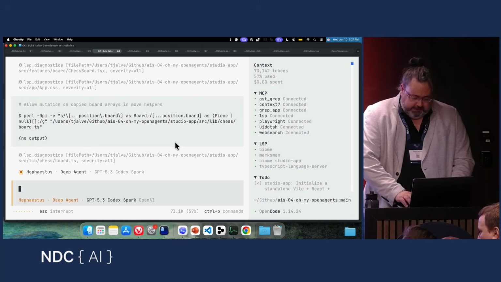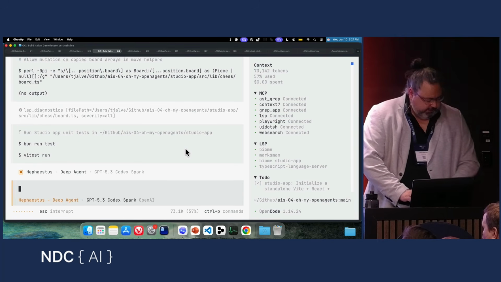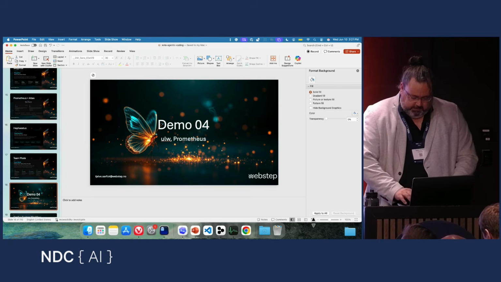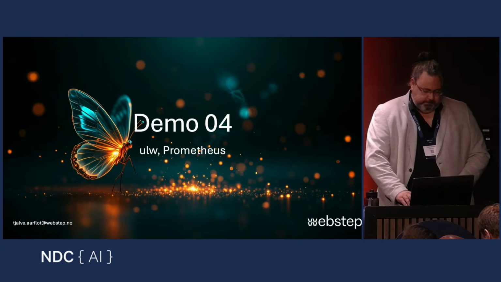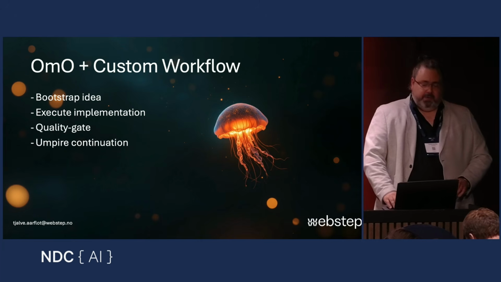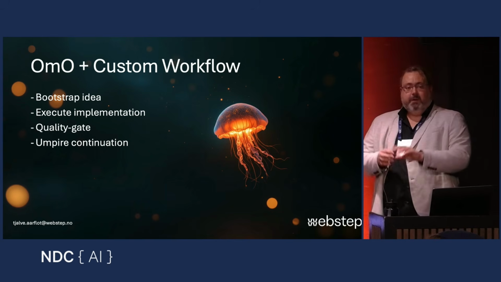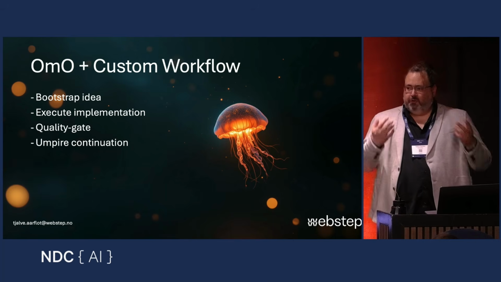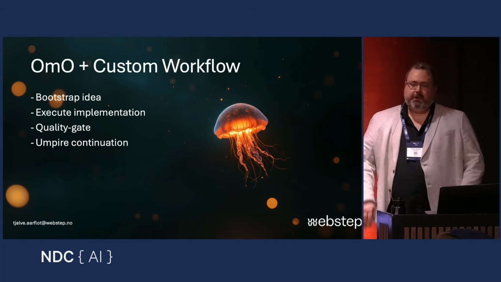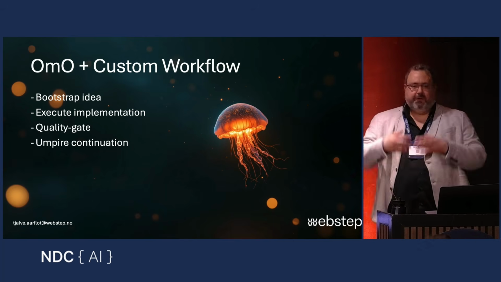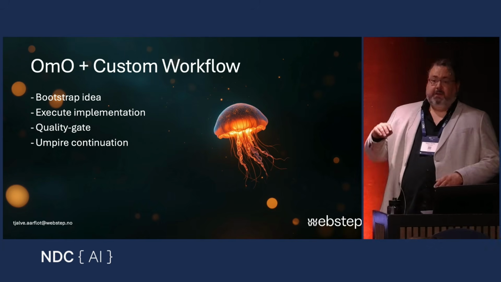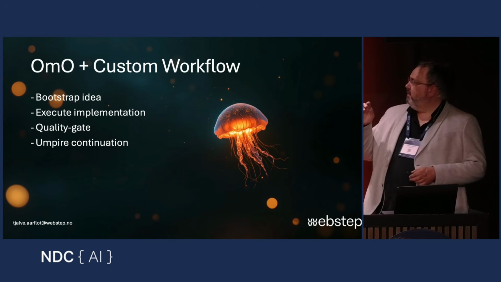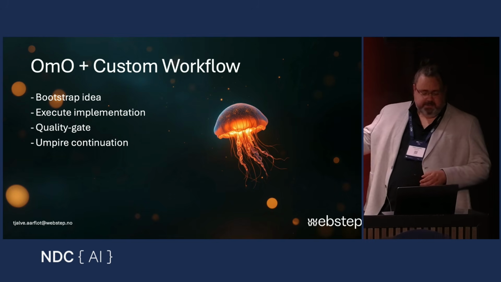So I think I'll just continue with the demo since time is running. What I really want is OMO. I want all the powerful agents. I don't want to have to customize the agents myself, but I want my developer cycle working, right? I just want to provide an idea, bootstrap some idea, and execute the implementation.